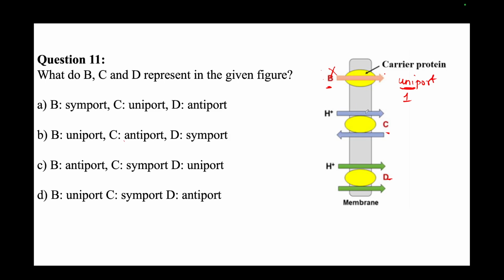Similarly antiport means transport in the opposite direction. So one molecule will pass from left to right, at the same time another molecule will pass from right to left. So let's say H plus is passing from left to right. At the same time a molecule X will be passed from right to left. So opposite transport.